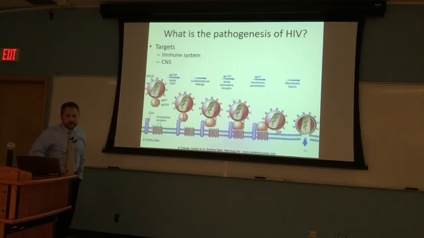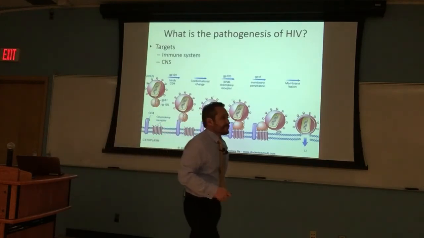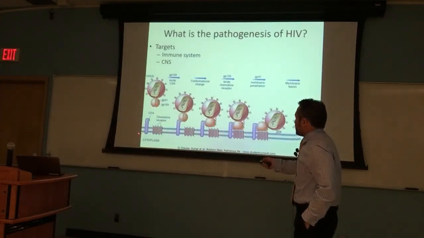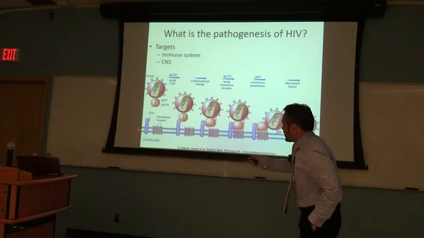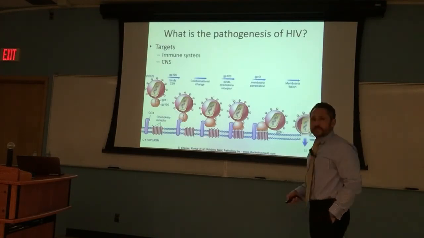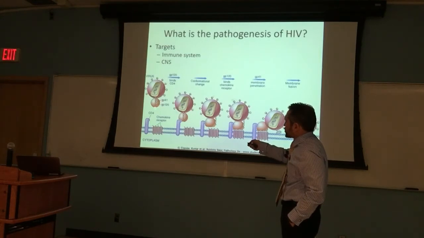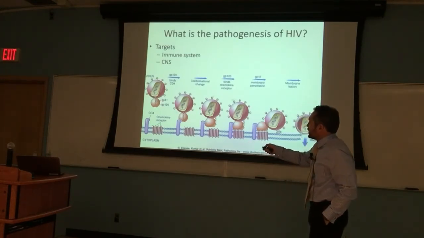So this is the progression of what's taking place with the pathogenesis of HIV. So we've got here, this is the cytoplasm of a CD4 positive helper T cell. Here's the virus right here. It's got this GP41 and this GP120 is like a docking protein.